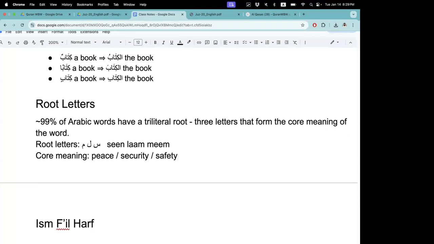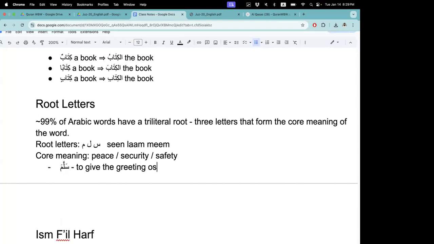Then you have the following words. You have the word sallama, which means to give the greeting of what? Salam, right? To say assalamu alaikum to everybody. You're saying you are safe from me, from my harm. I come to you in peace, you are safe.